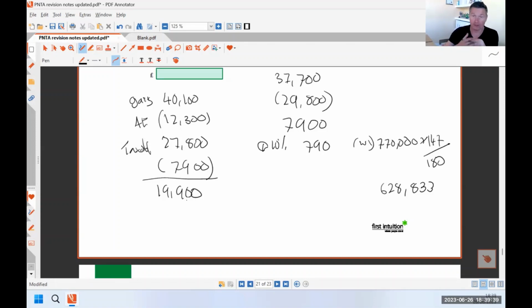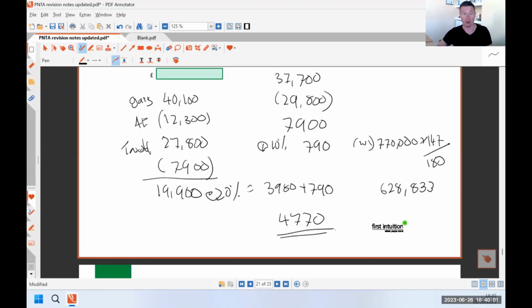So at the higher rate for capital gains, and there is no additional higher rate for anything like that, it's 20%. That gives a figure of 3,980, plus the 790 that we've already done, gives a figure of £4,770 as the total capital gains tax bill.